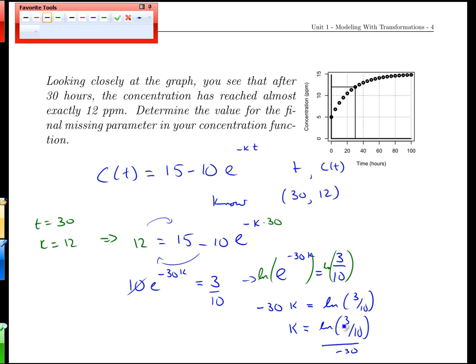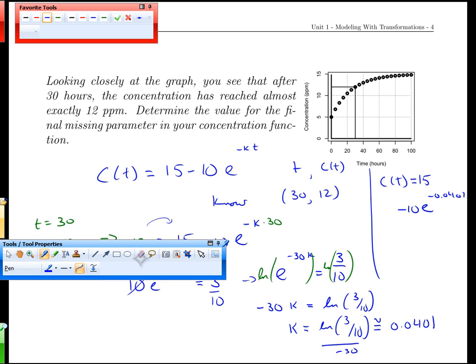And with a quick piece of calculator work, we can actually find a value for that as approximately 0.0401. Or we could leave it in the exact terms we have here. And what that would give us is a very detailed, very precise formula for the function that we've described here.